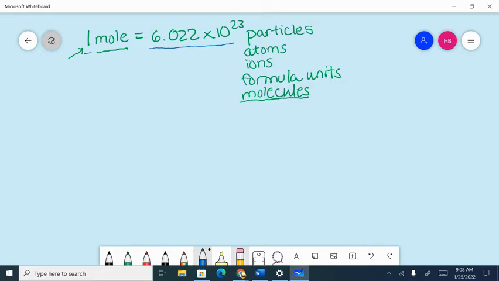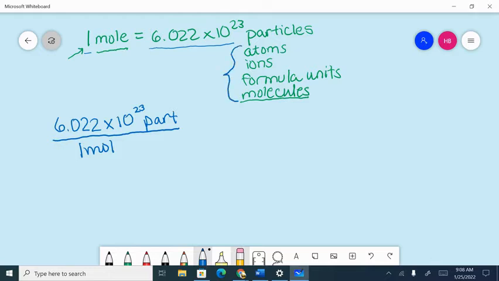Now let's turn this equivalency statement into conversion factors. Remember, when you have a conversion factor, you put one on top of the other across from an equal sign. When I say particles, I can mean any of these 4 words.